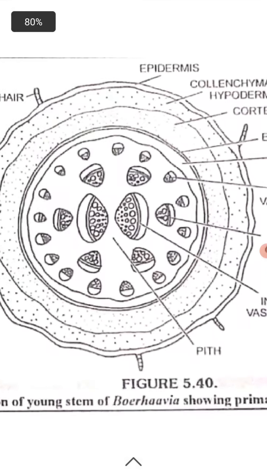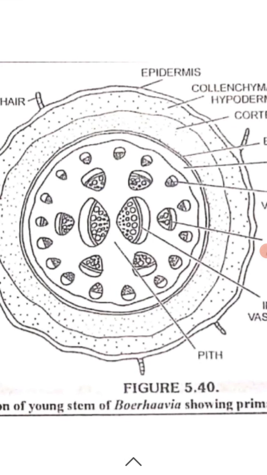They are arranged in three concentric rings. The first ring or the innermost ring consists of two largest and oval vascular bundles found in parenchymatous pith. They lie opposite to each other with protoxylem facing towards each other.